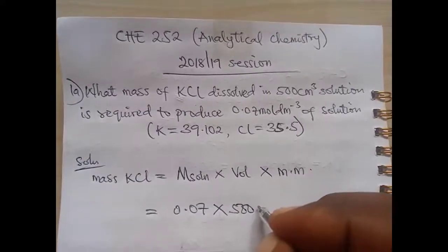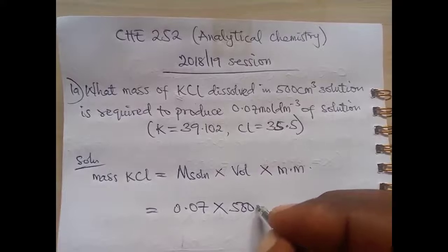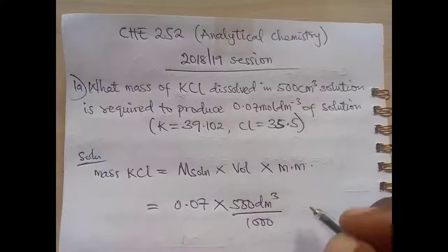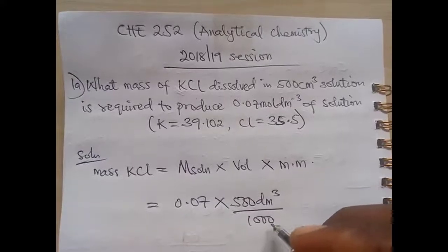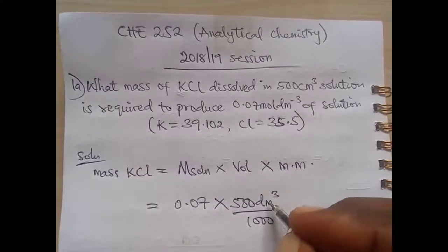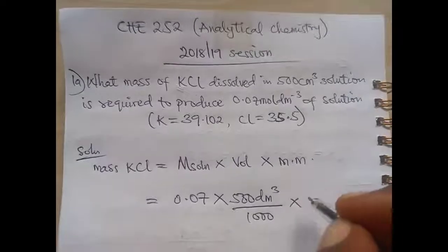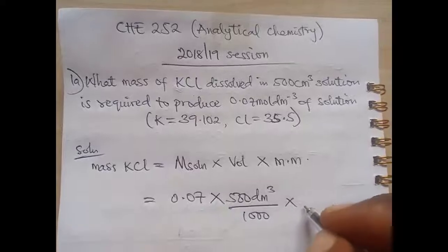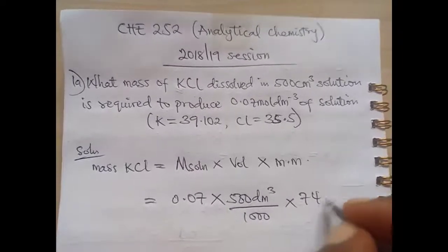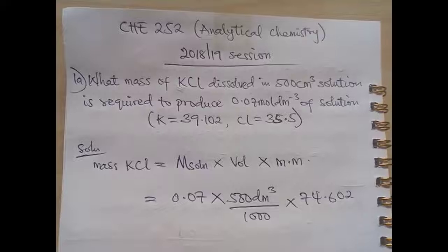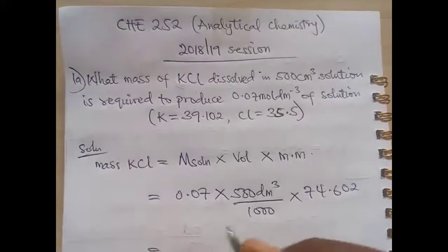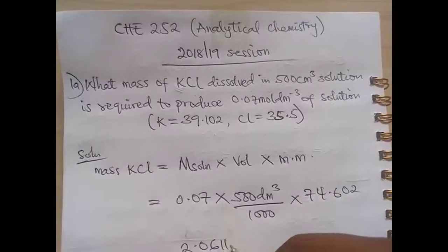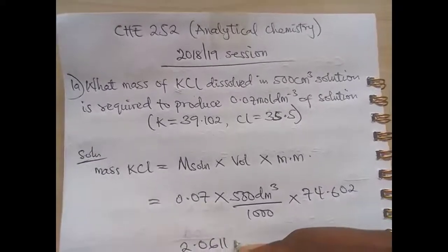They gave it to us in cm cubed, so for us to put it in dm cubed, we need to divide it by 1000, because 1 dm cubed equals 1000 cm cubed. So times the molar mass of potassium and chlorine combined, which is 74.602 gram per mole. If we multiply and divide, we'll get approximately 2.611 gram.